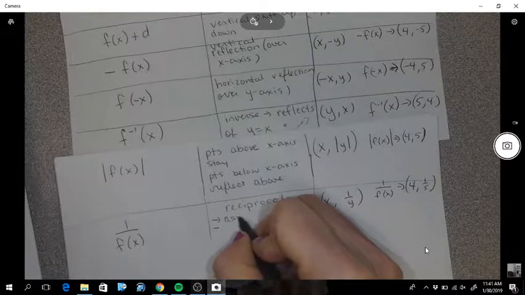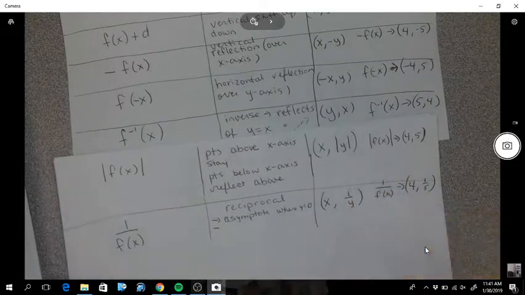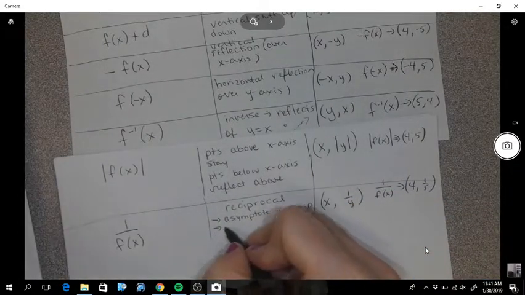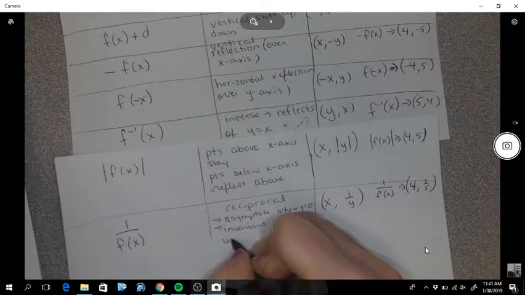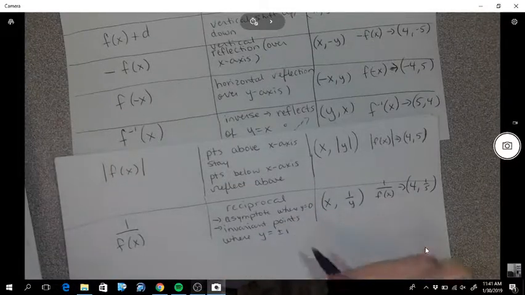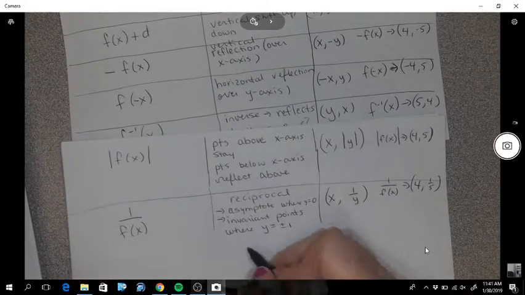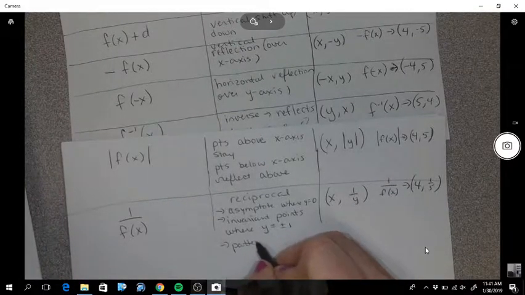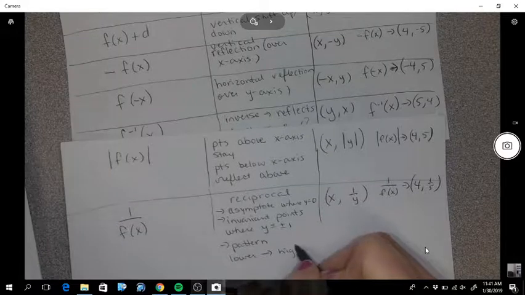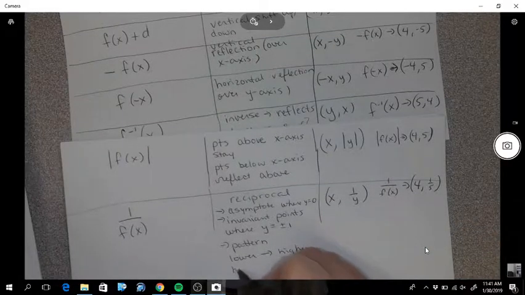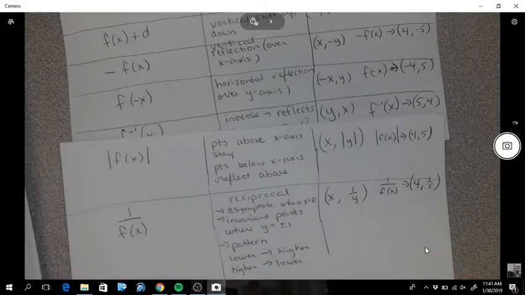It was an asymptote where y was 0, and invariant points where y was plus or minus 1, because when you reciprocated those, they stayed at 1 or negative 1. And then patterns, that if it was lower, then it was higher, and the lower and the higher numbers were lower. The opposite relationship.